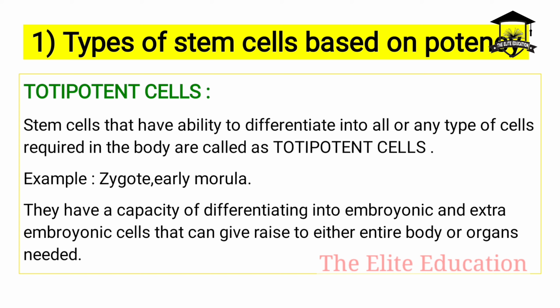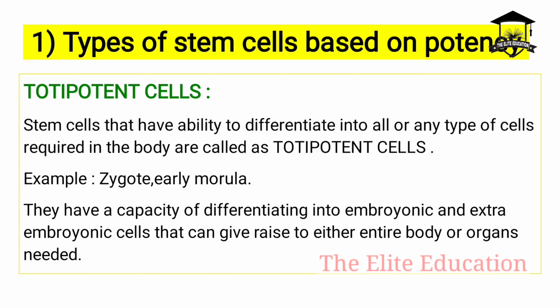or they can also divide a number of times and give rise to only certain specific organs. So they have a capacity to give rise and differentiate into any kind of cell, or only of a certain type with a numerous number. Okay, example is zygote and early morula.